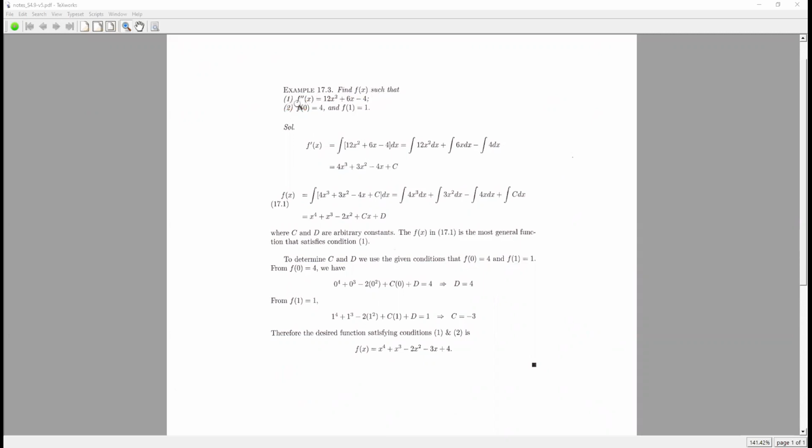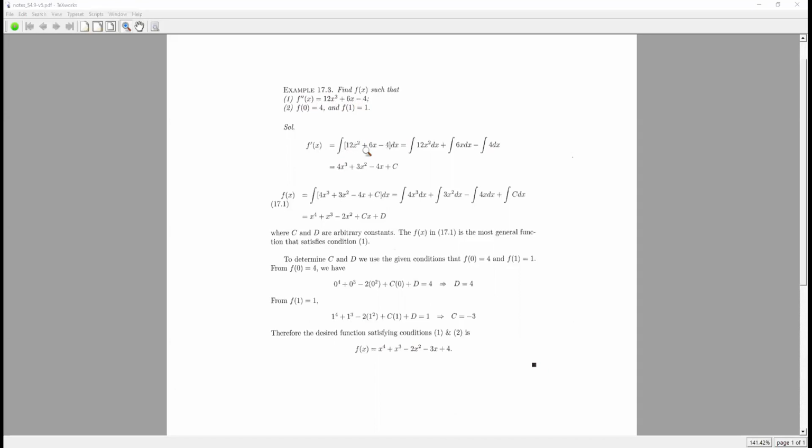That is, find all the possible functions that satisfy this equation. The second derivative of function f is equal to this polynomial. So the first derivative of the function f is the indefinite integral of this polynomial. Indefinite integral means antiderivative.